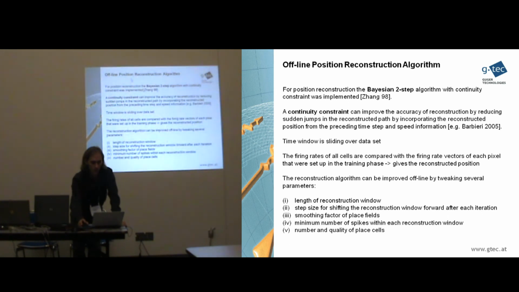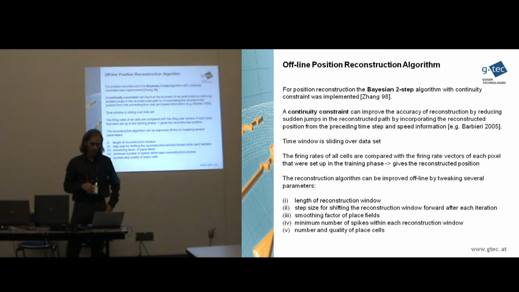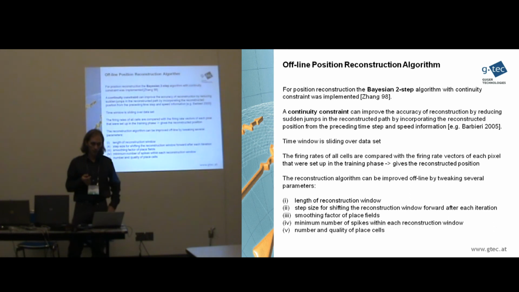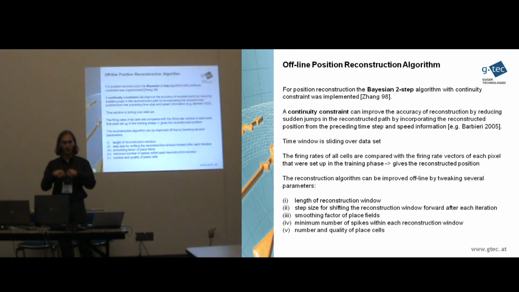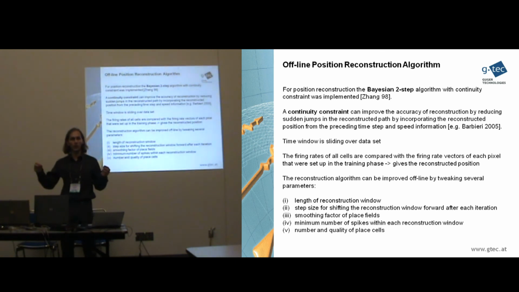For the position reconstruction, after spike sorting, we put the spikes into a Bayesian 2-step algorithm, which was developed by Zhang some years ago, which has a continuity constraint. This means we are also looking at the velocity and the previously predicted position of the animal, because it's impossible for the rat, for example, to go from one corner of the environment to the other corner within one sample step.